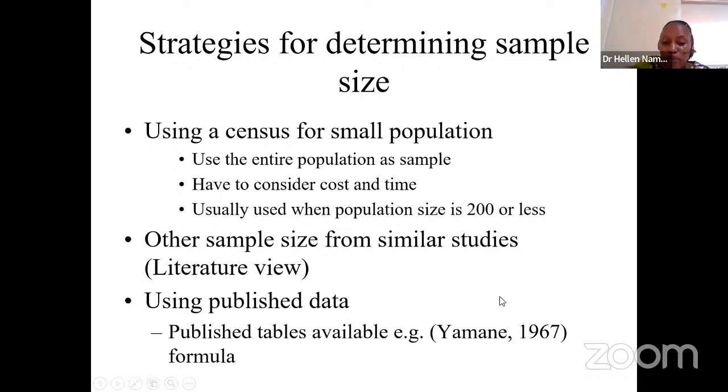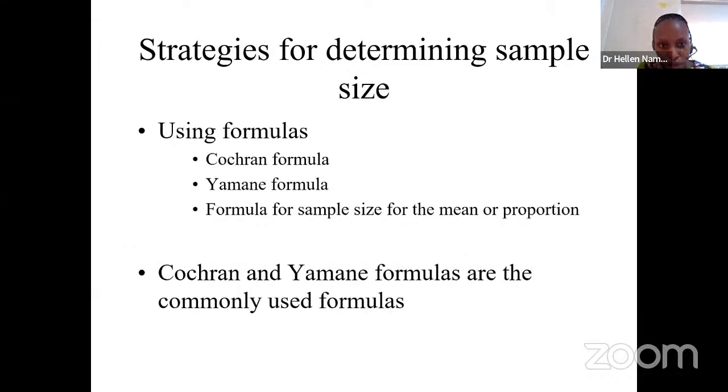And still, like I mentioned earlier, in case you're quoting a certain sample size, for example, from Yamane 1967, it is always important that you back up your information. If you've not calculated it, and in case you've not based on the different formulas and you're using the published data, then it's also important that you quote that particular author.